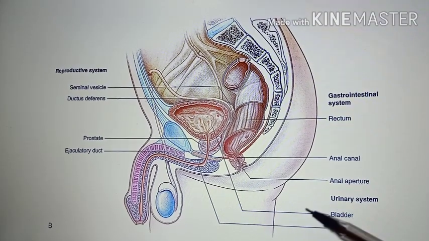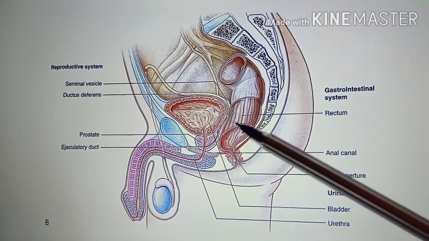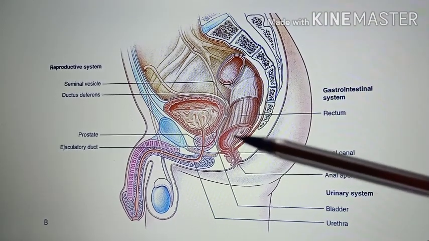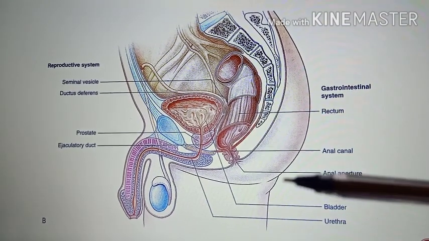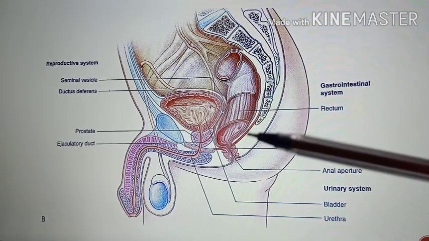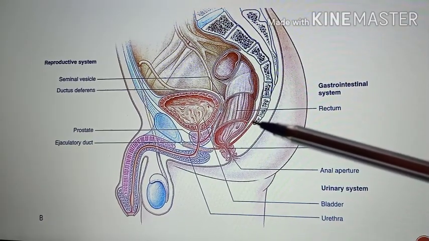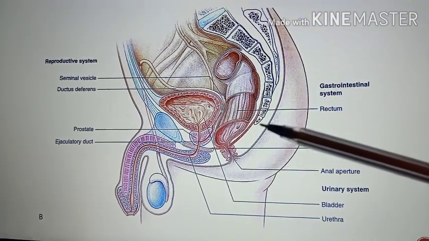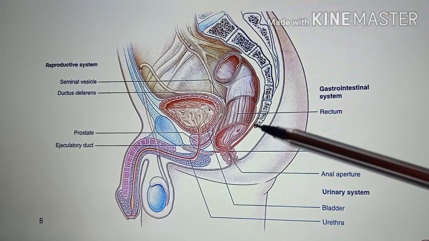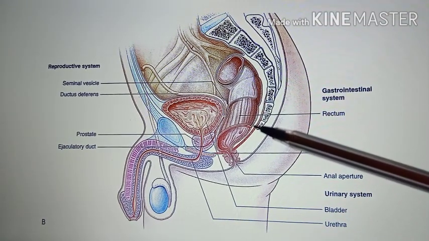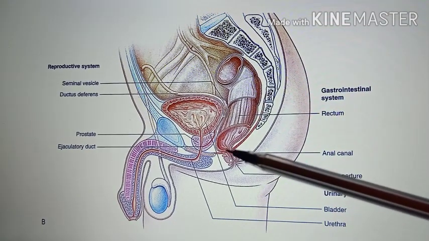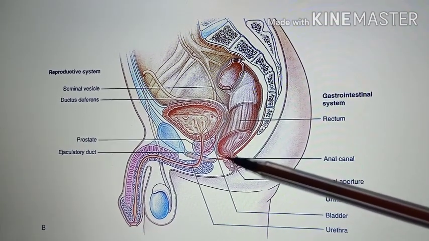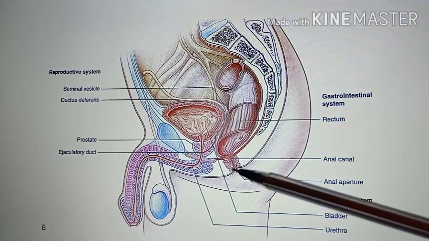Then the rectum ends by becoming continuous with the anal canal at the anorectal junction, which is lying 2 to 3 centimeters in front and a little below the tip of the coccyx. So this is the coccyx, and 2 to 3 centimeters below and in front of it will be the anorectal junction, where the rectum ends and the anal canal begins.